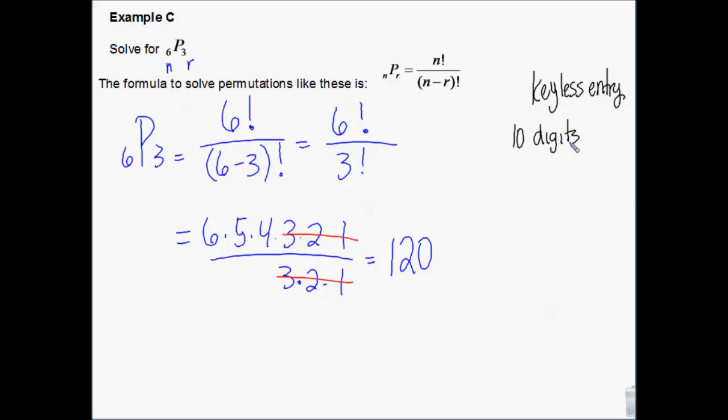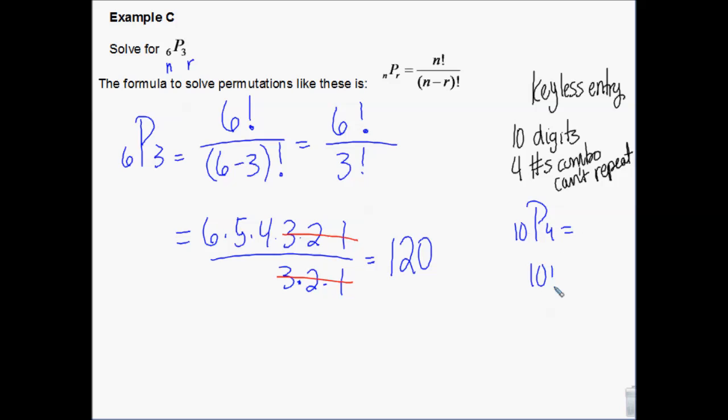We're doing 4 numbers, and they can't repeat. So we're going to do 10P4.